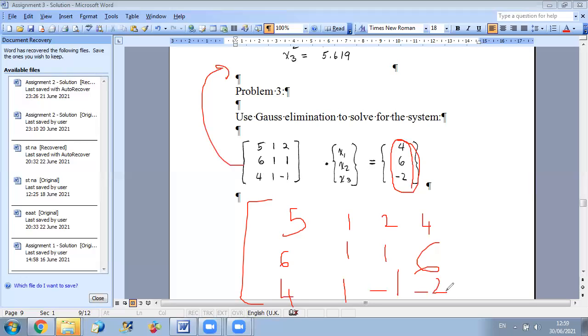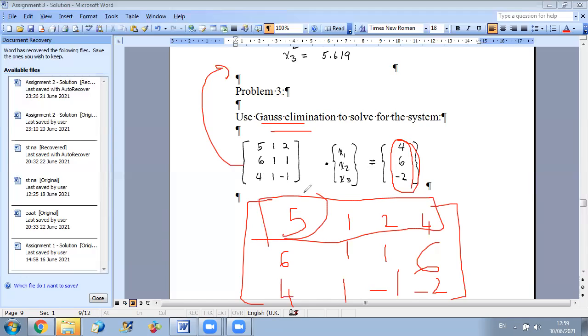Now, since it's Gauss elimination, I should always check if pivoting is needed or not. Since I start first by considering this my first pivot equation, I should check that 5 is larger in absolute value. Please remember absolute value: if I have minus 6, the absolute value of 6 is larger than 1, so I do pivoting; I don't look at the sign, just at the absolute value. Since in absolute value 6 is the largest of these elements, I should do pivoting of row 1 and 2.